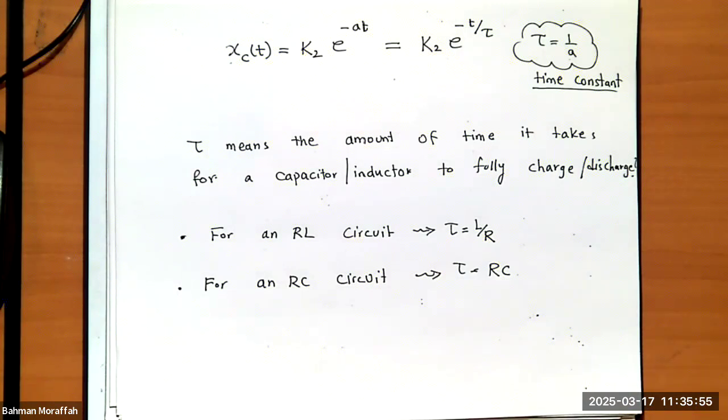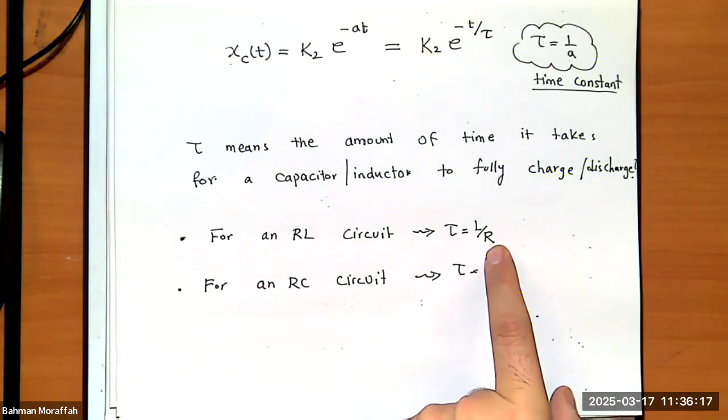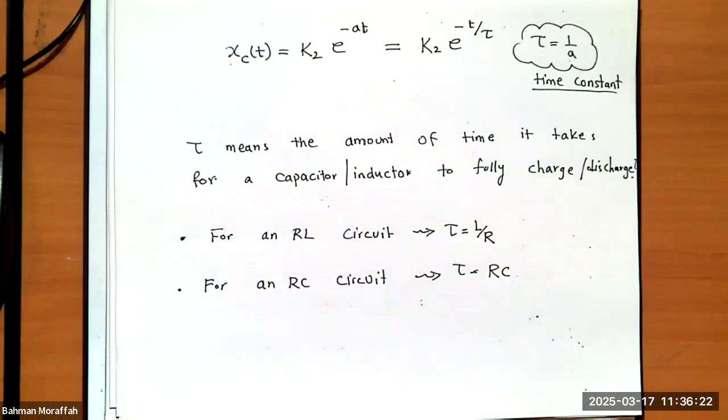Let's understand this a little better. Remember, this tau represents the amount of time it takes for the capacitor or inductor to fully charge or discharge. And if tau is bigger, it means it takes a longer time, right? What happens if I have an RL circuit and R becomes smaller? It means that this tau becomes bigger. And if R becomes bigger, it means it takes a longer time for the inductor to fully charge or discharge.